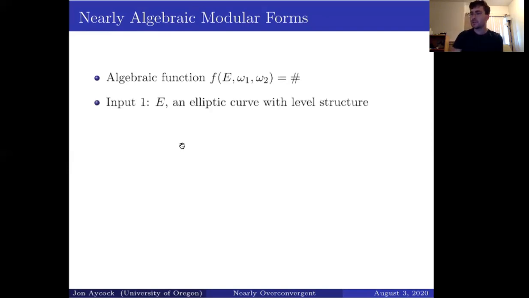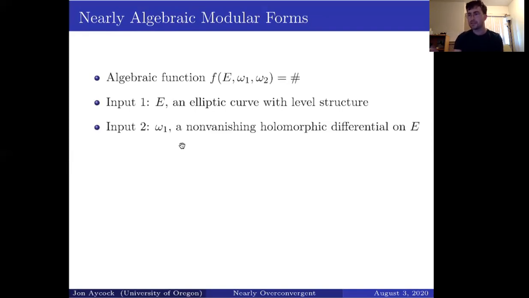So our first input is still E, an elliptic curve with level structure. Our second input, omega 1, is the same as omega was before, but there's two omegas now, so I call it omega 1 instead.